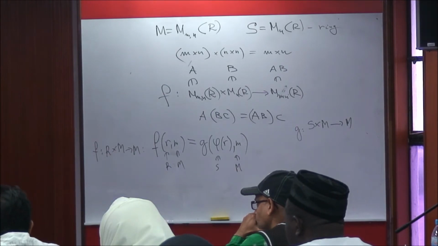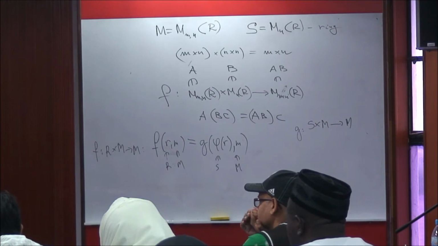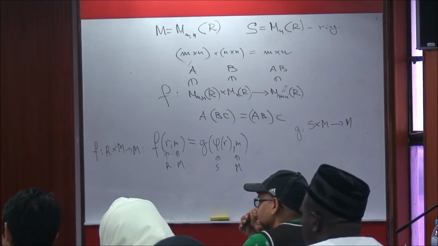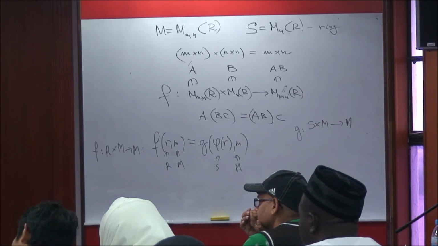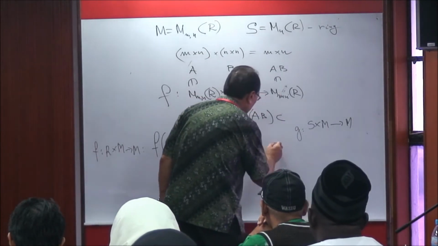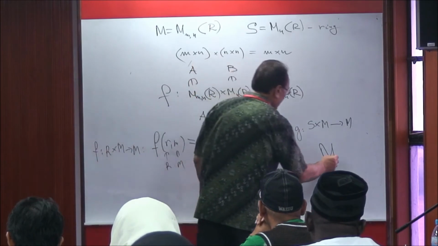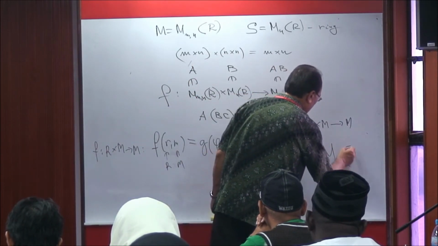You take R and include it into M by M matrices, quadratic matrices, by multiplying your identity matrix by R. In the diagonal you have 1, 1, 1, 1. Then to each R you assign that scalar matrix. It is actually an inclusion. You take R, then you can take any dimension, any size matrices.